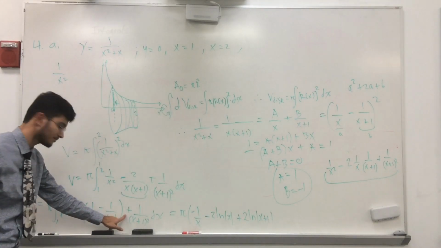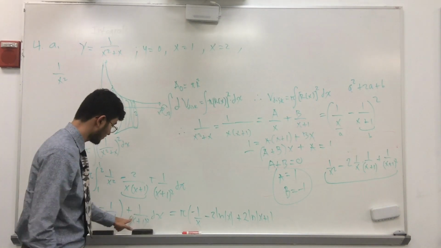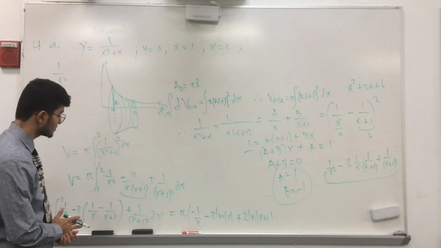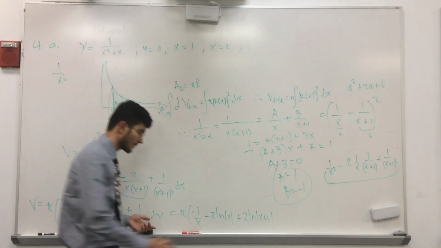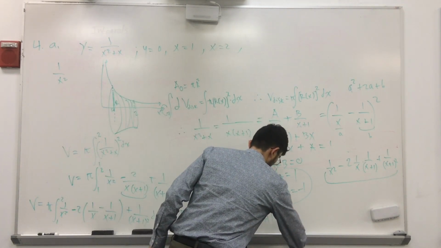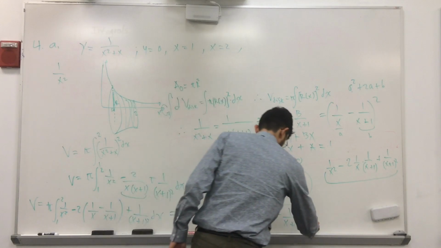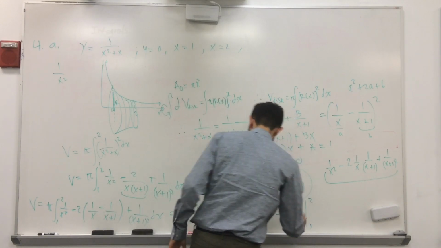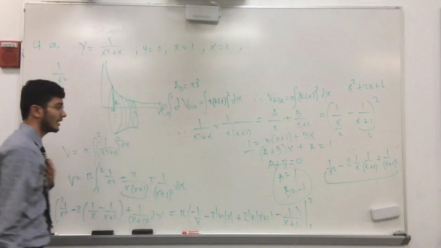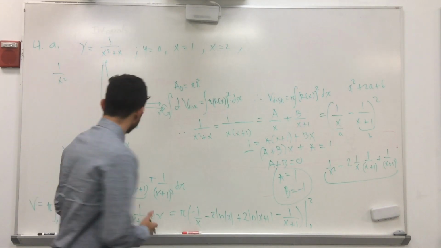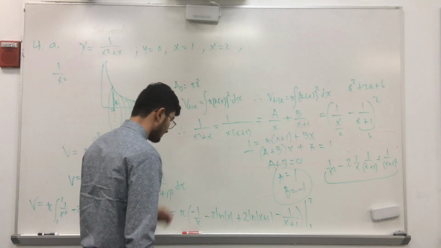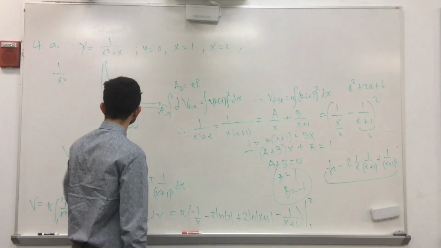And over here we have plus the integral of 1 over x plus 1 squared. We use substitution, and you get minus 1 over x plus 1, evaluated from 1 to 2. Of course, this is multiplied by pi. Don't forget the pi. I tend to forget that. All right, let's see what we get from this. Let me erase this.